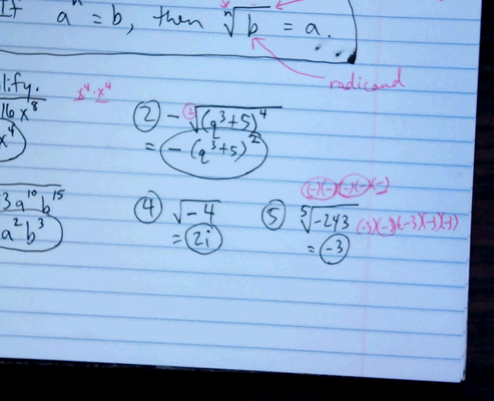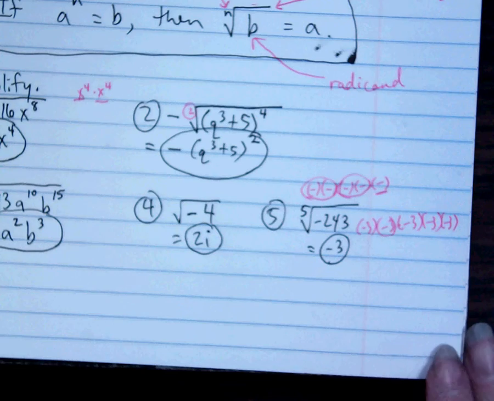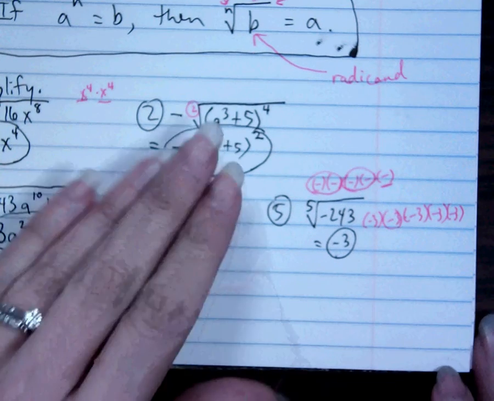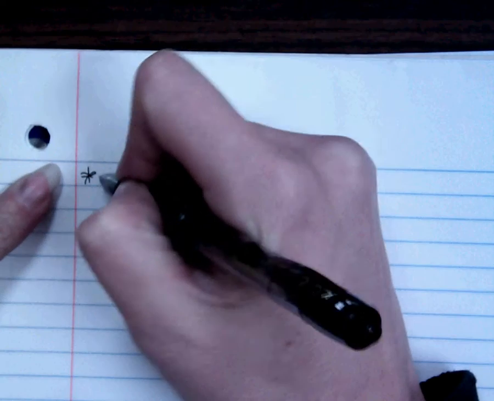Something else to consider, and I'm going to turn the page here. Even roots are kind of weird. We just figured that out on that one. That's when I have i and other types of things. So something you need to think about is this.